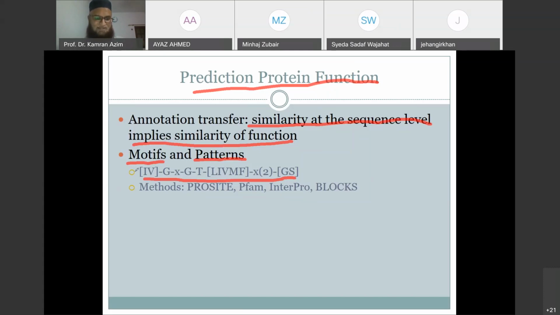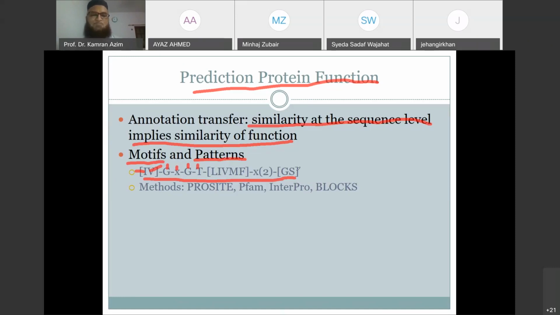This pattern is saying that the first amino acid would be I, which means isoleucine. Second amino acid would be valine. Third amino acid would be glycine. For the fourth amino acid, any amino acid can be there. And the fifth amino acid is glycine, and then threonine and so on. So this is a pattern.